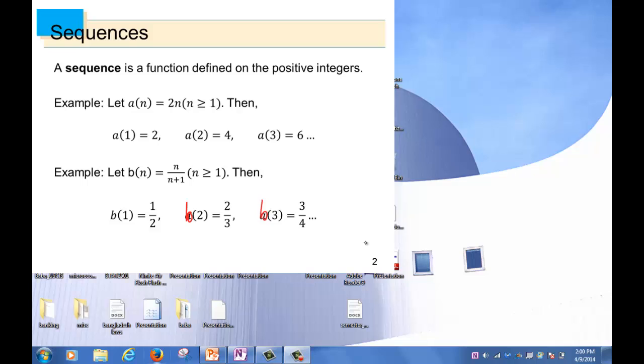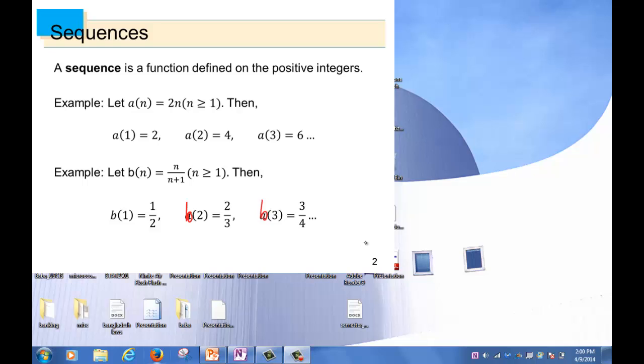A sequence is any function where the domain is the set of all positive integers. Okay. So for example, if I define a of n equals 2n for n larger than or equal to 1, then this is a sequence.